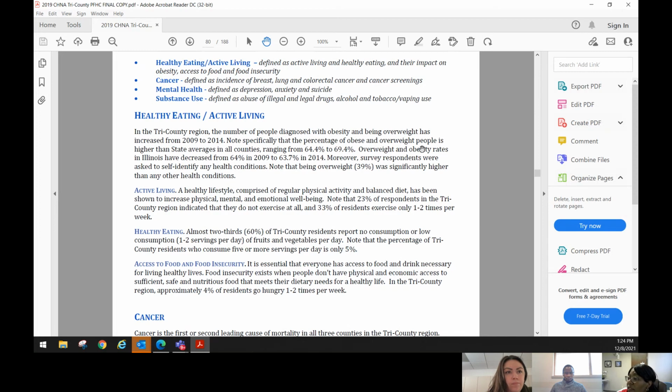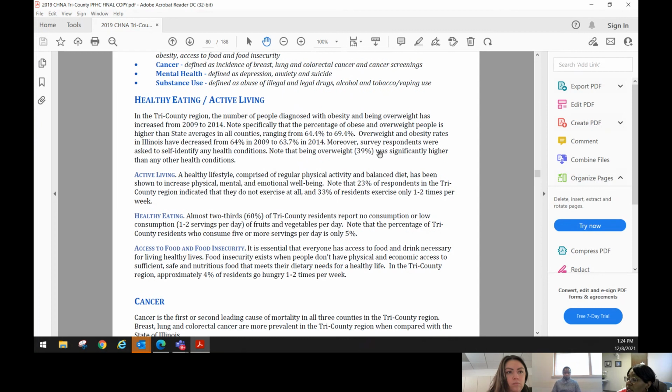Our obesity rates are higher than state averages in all counties. And the survey respondents were asked to self-identify their health conditions, and almost 40% in the community survey said they identified as being overweight or obese.